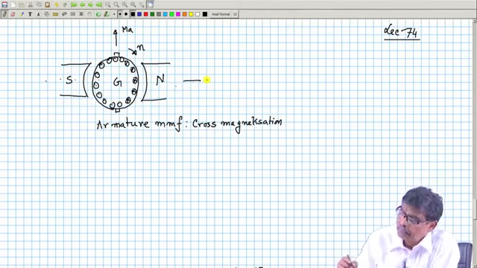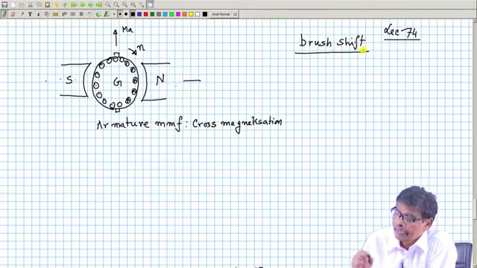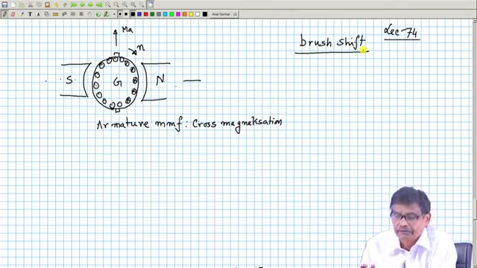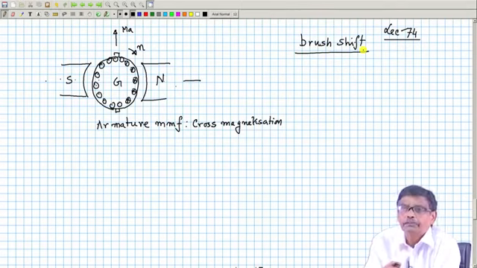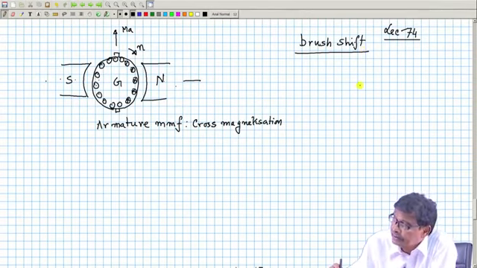So, now what is done? Brush shift. A little brush shift from the usual position of the brushes is sometimes given to the machine. What for? Let us see.